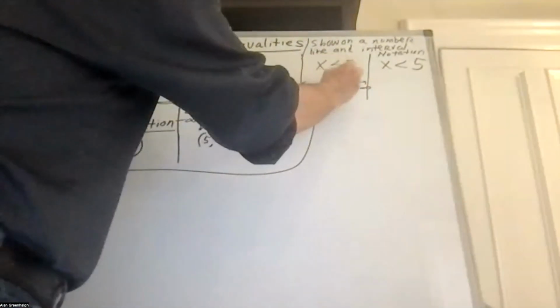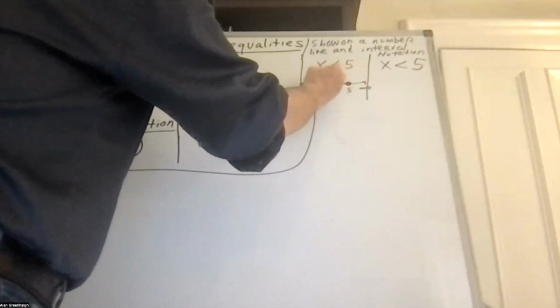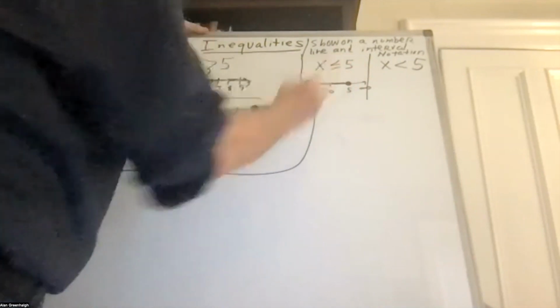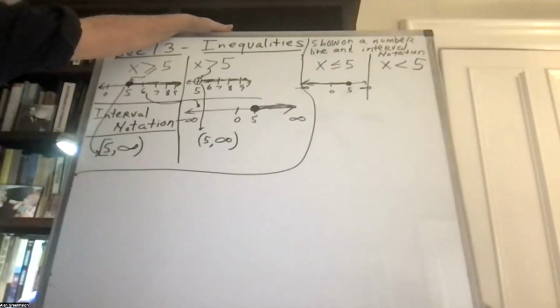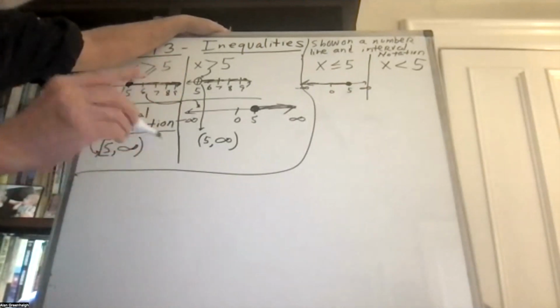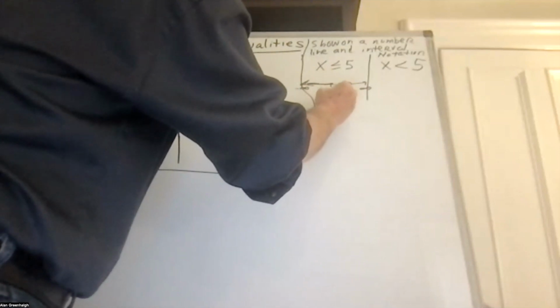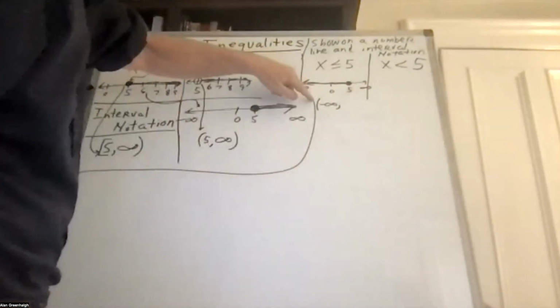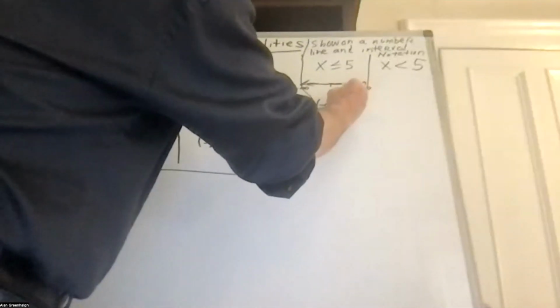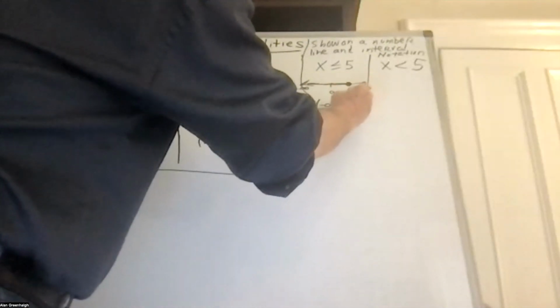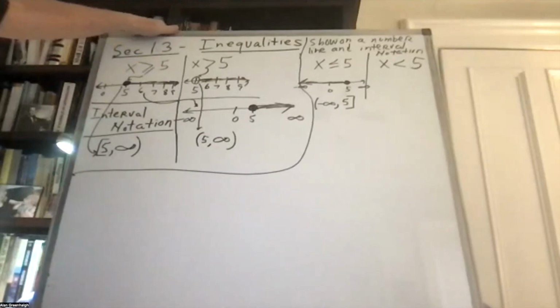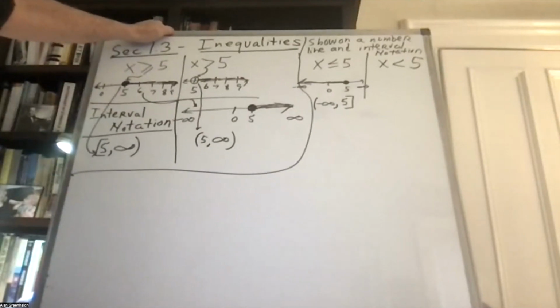It's going to go in this direction because it's less than. And that's what it looks like on a number line. In interval notation, it's going to be negative infinity with parentheses, and then 5 with brackets. That's the answer to that part of the question.